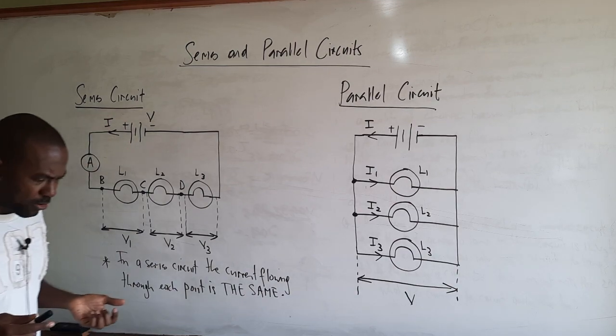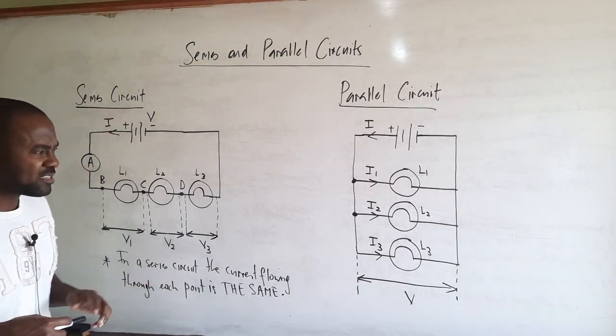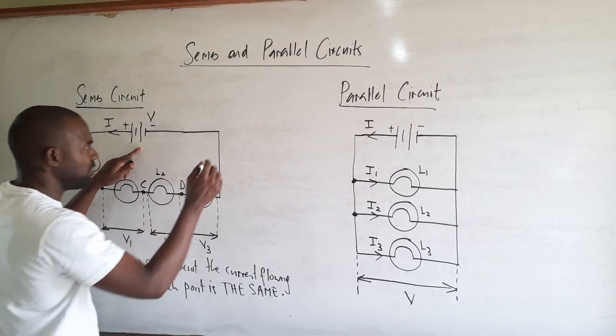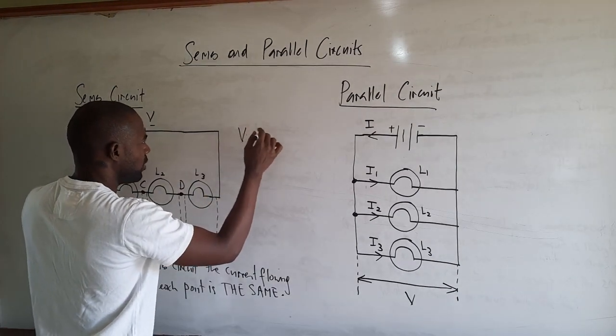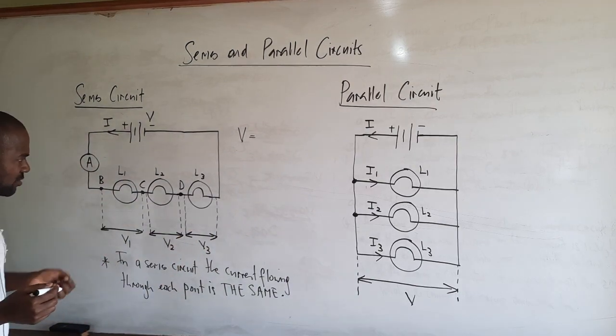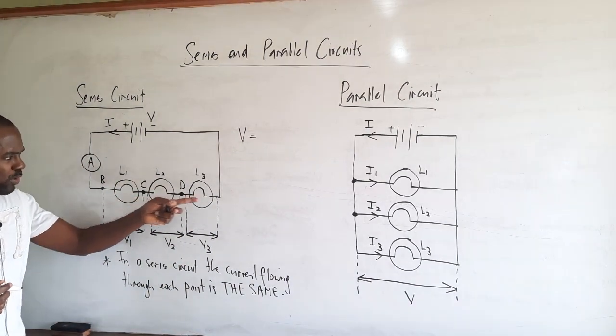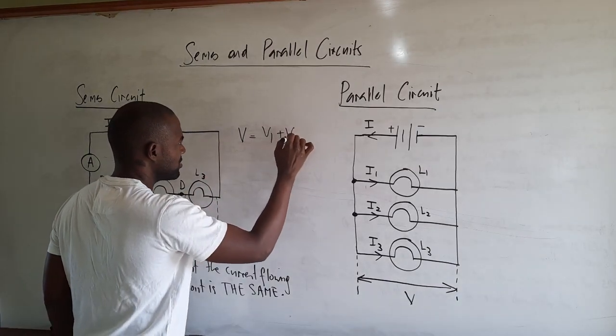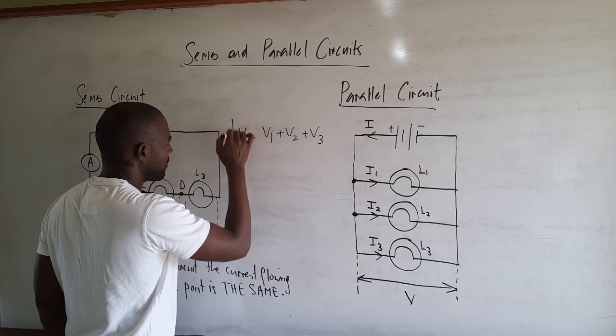What we ought to observe is that the reading on the voltmeter connected across the battery, let's call that V, will be equal to the sum of the readings across L1, L2, L3. So in other words, V is equal to V1 plus V2 plus V3, right?